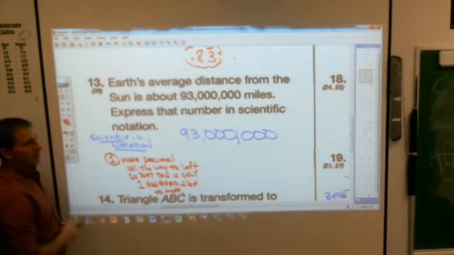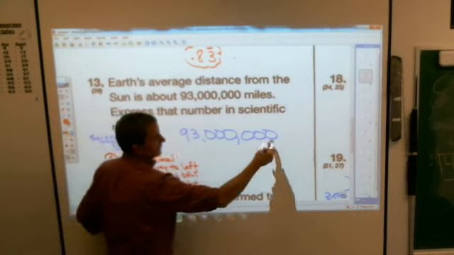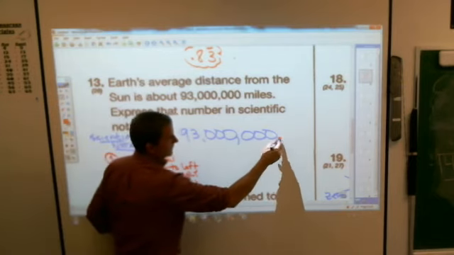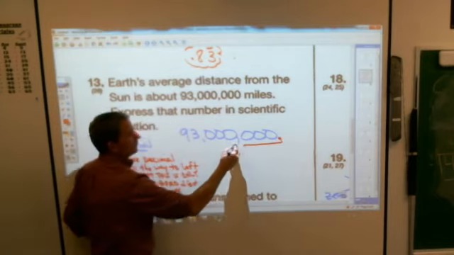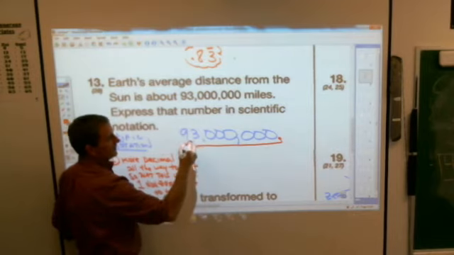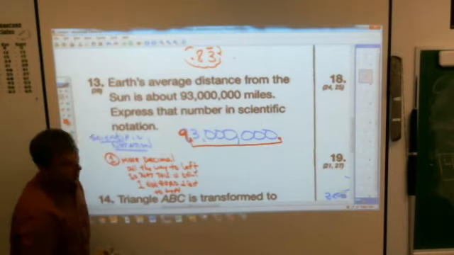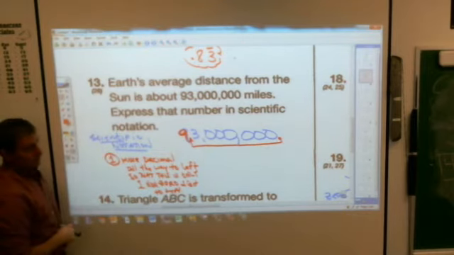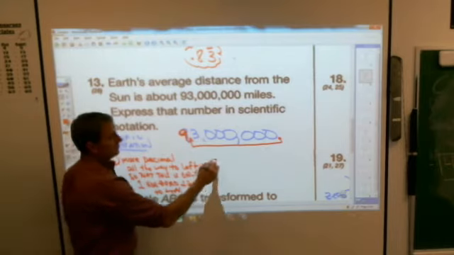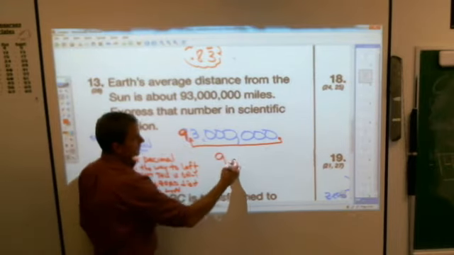Or you make the number so that it's between 1 and 10. That simply means I take this decimal and slide it all the way to the left until you have only one digit, which is this 9, that's not a 0 to the left of it. So now my number becomes 9.3.